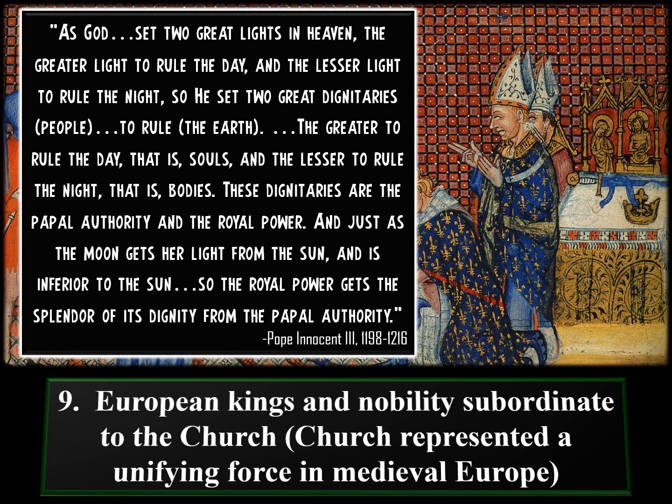And just as the moon gets her light from the sun and is inferior to the sun, so the royal power gets the splendor of its dignity from the papal authority." It's pretty clear that he sees papal authority as primary and supreme over any secular king's authority.